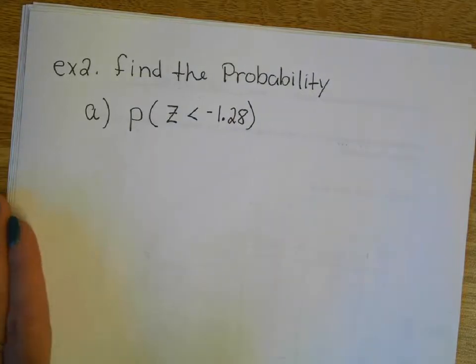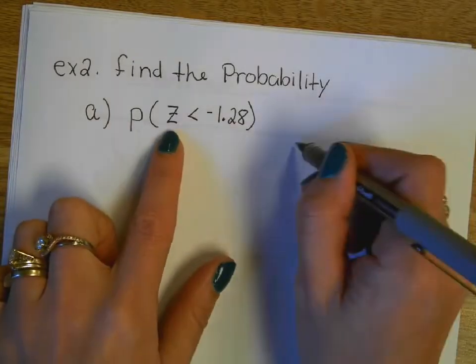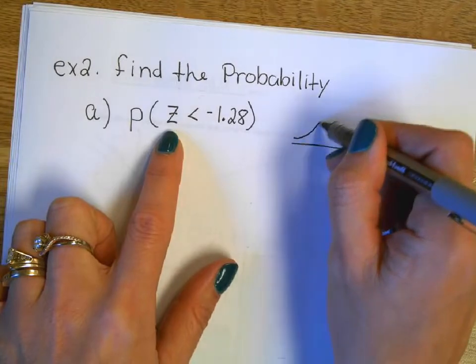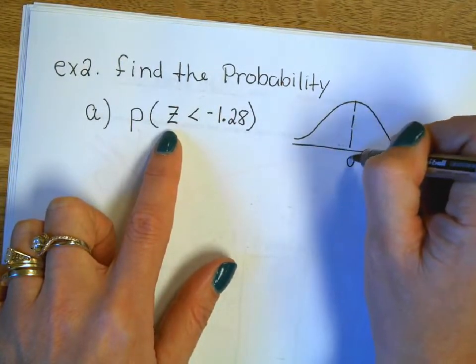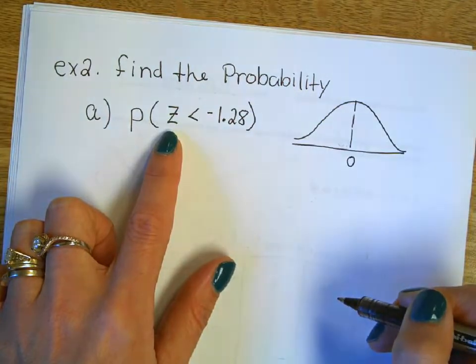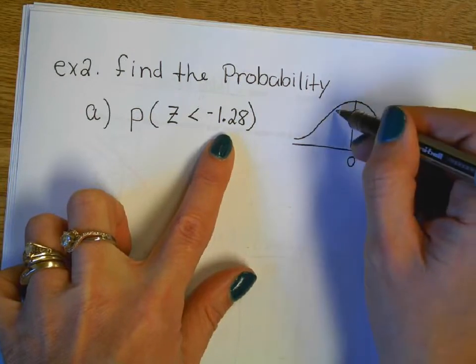If you sketch this, you're going to know exactly what to do. So, I know z-scores are on the standard normal curve. I know 0 is the mean of the standard normal curve. I know a z-score of -1.28 is to the left here a little bit.